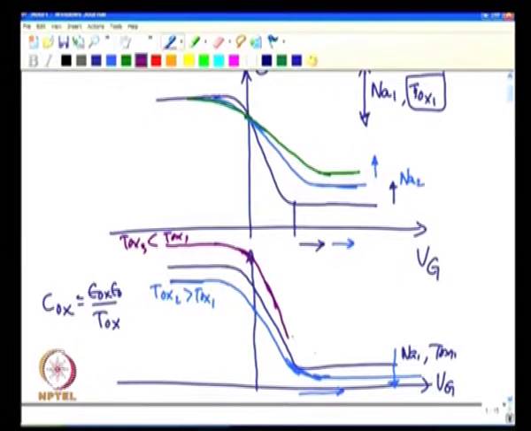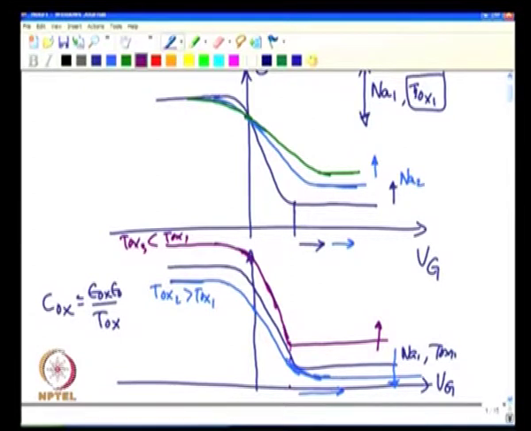So, your CV may look something like this. It will have a saturation at a lower value of Vg, because your Vt has come down. At the same time your minimum capacitance increases, because your oxide capacitance increases. So, your total capacitance sort of goes up and down, because your oxide capacitance is changing.